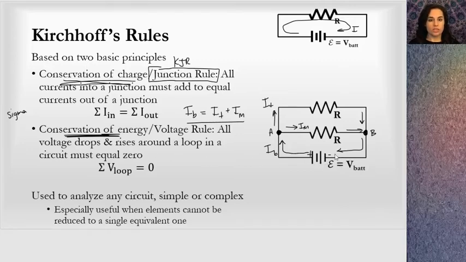There was voltage in that term, right? So we're going to say that all the voltage drops and all the voltage rises around a loop, and we have to choose a complete loop in a circuit, must sum to 0. So the net sum of the voltages around that loop equals 0. And that will be an equation that you will use over and over again.